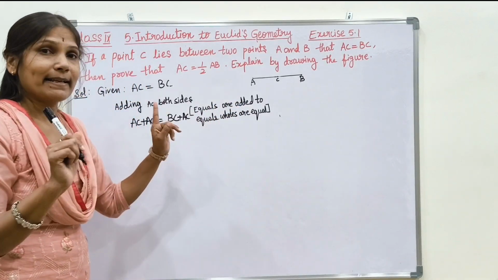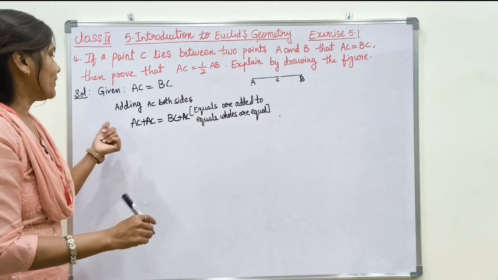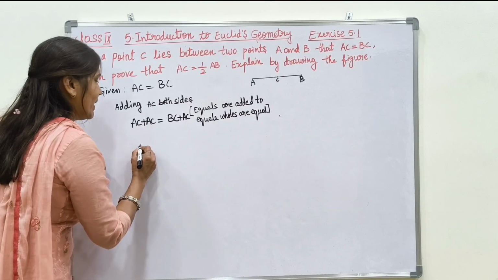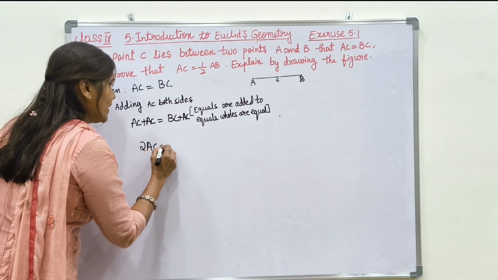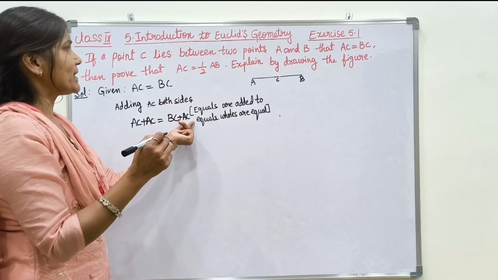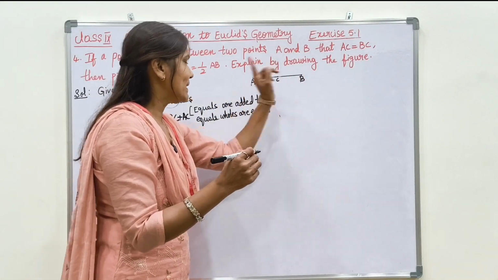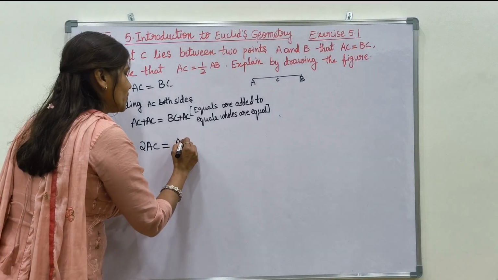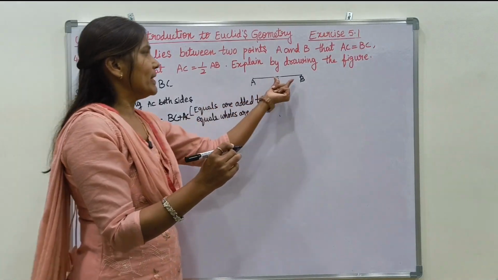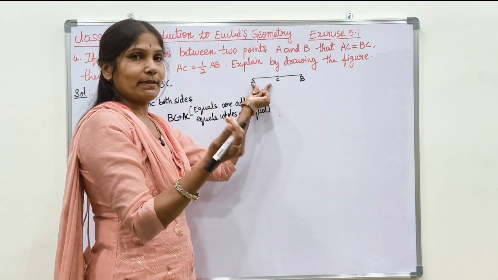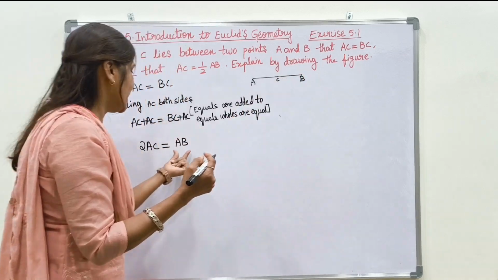We are using axiom 2. Now after adding, AC plus AC, what happens? 2AC is equal to BC plus AC. BC plus AC, overall it becomes AB. See here, BC is this measurement, AC is this measurement, and the full becomes AB.